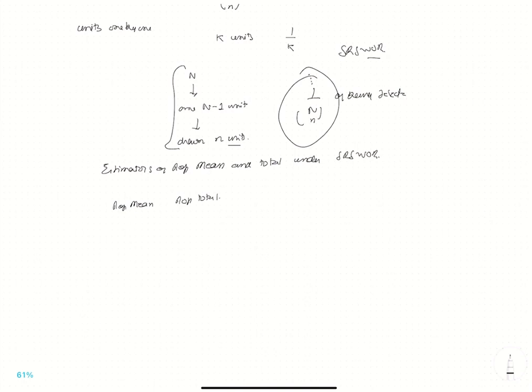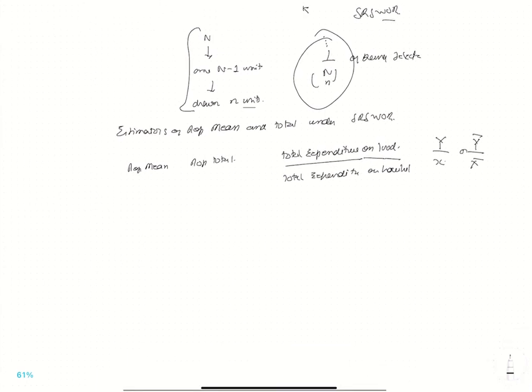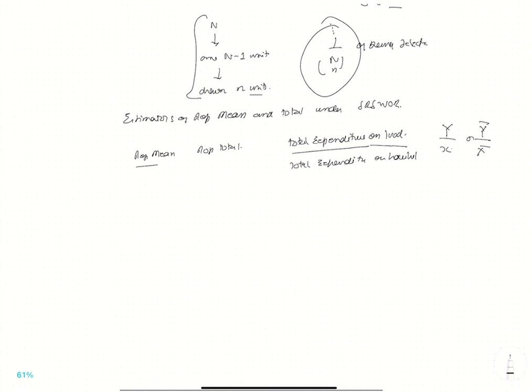Sometimes the ratio of two population totals or means is also of interest. For example, we are calculating total expenditure on food, and one of the auxiliary variables is the total expenditure of the household. Then you get a ratio estimator, which is Y upon X or y bar upon x bar.